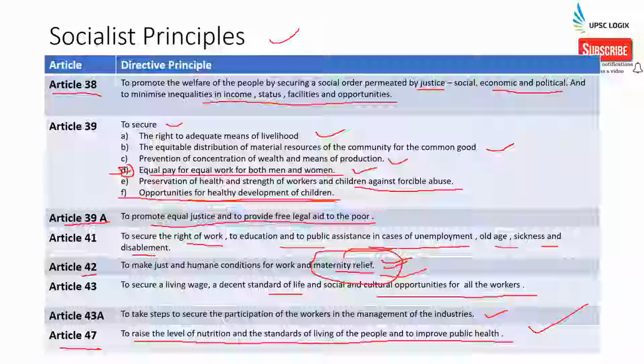So if we have a look at Article 47, and we look at the midday meals which have been given in government schools, this is one of those programs which conform to Article 47, which says to raise the level of nutrition. We have a lot of examples of various government schemes that conform to these socialist principles.